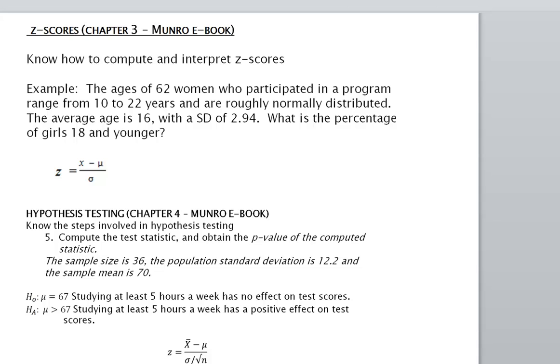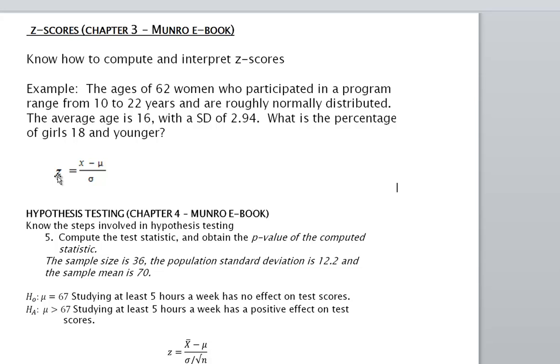So here I have in Chapter 3, and this one is on page 71. I recommend reviewing that in the book. And then we have where we're obtaining the z-score. I'll go over an example, but I just wanted to show side by side.